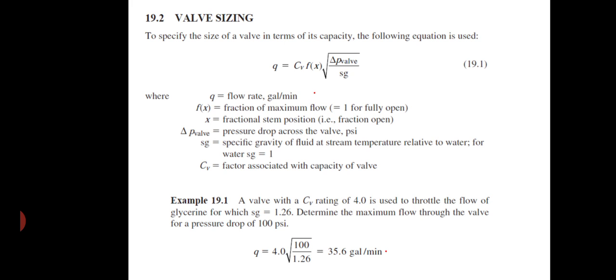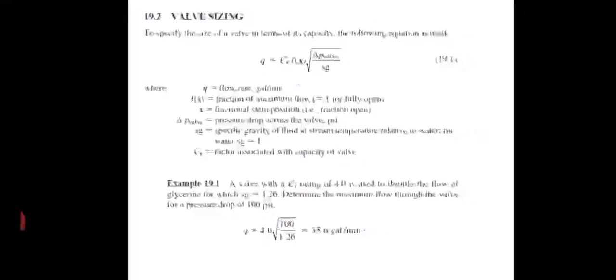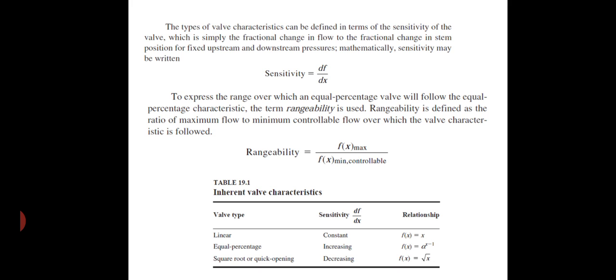So these are some constants. Basically the main term is Q directly proportional to root P. Based on this, there is an example given, so try to solve this problem.